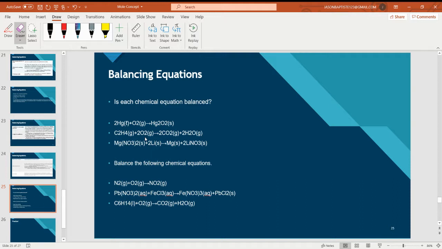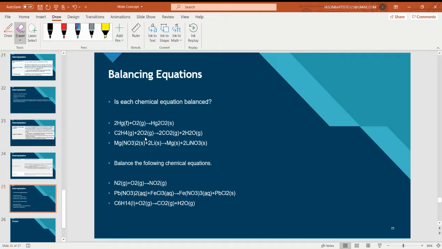Now that produces 2 carbon dioxide plus 2 water molecules. Now let's watch this equation properly. Does this equation look balanced? Let's count and start with the largest, most complex one. So we have 2 carbon on this side and 4 hydrogens. We have 2 carbon on this side and 4 hydrogens on this side.